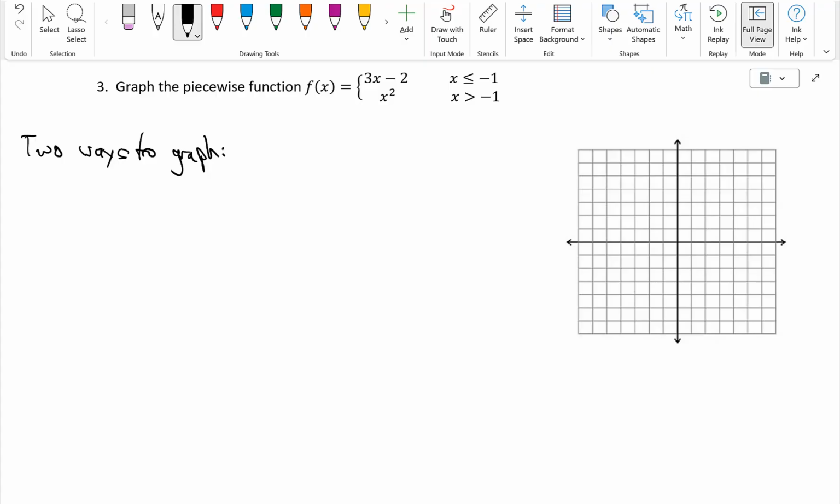If you're using a pencil, you can erase with me. The first way is to graph and erase the extra. So we'd graph the entire function for each piece and then erase the extra pieces. Let's call that 1. The second way would be just to use the domain and graph the piece of each.